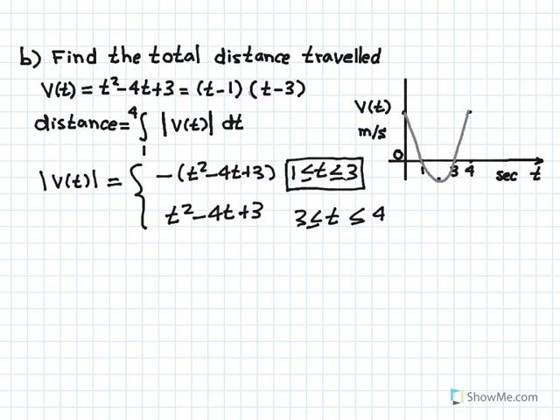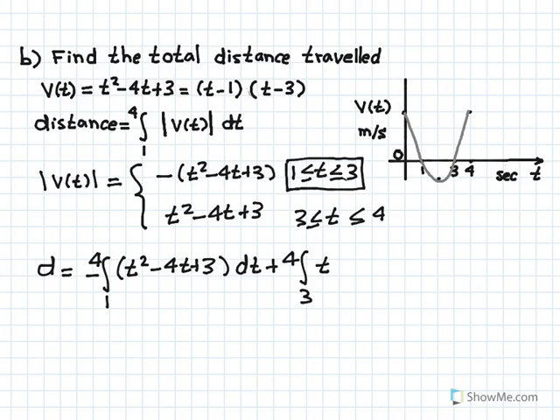All right, now we can do the integration. Distance is equal to the integral from 1 to 4. I'm going to pull out the minus in the front. That's t squared minus 4t plus 3, all integrated with respect to time, plus the integral from 3 to 4 of t squared minus 4t plus 3. So we split up the integral into two separate integrals on two separate time intervals.